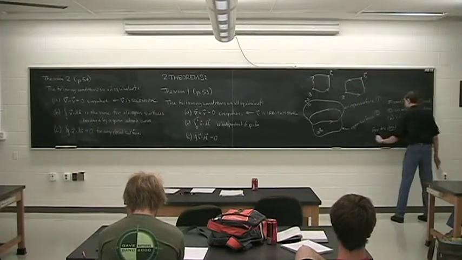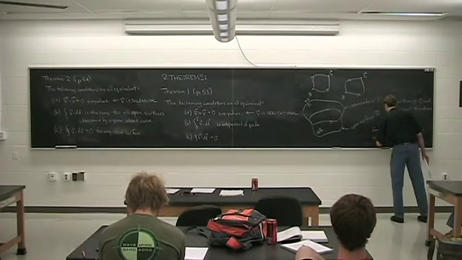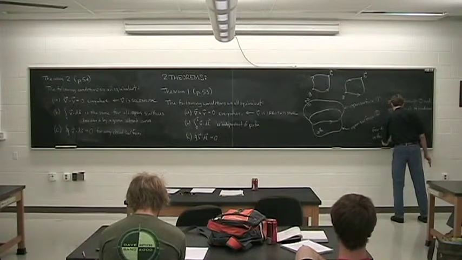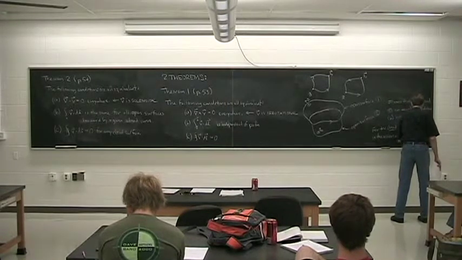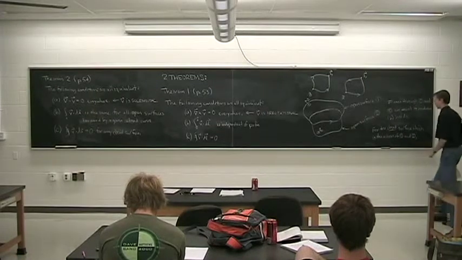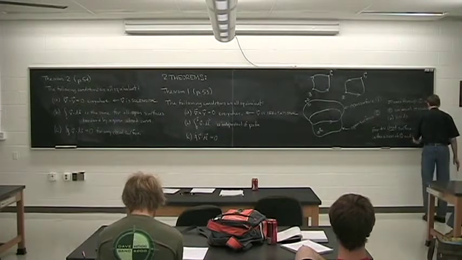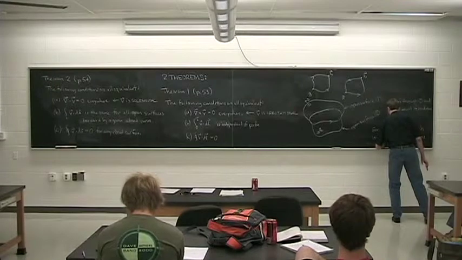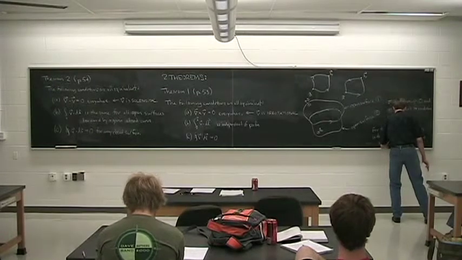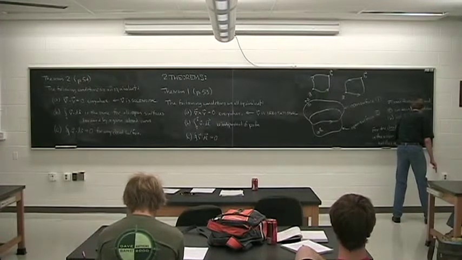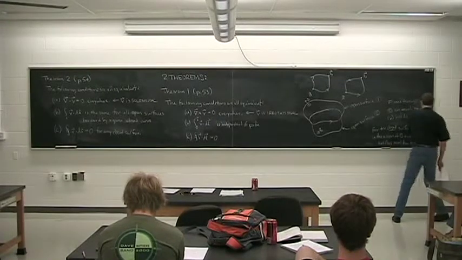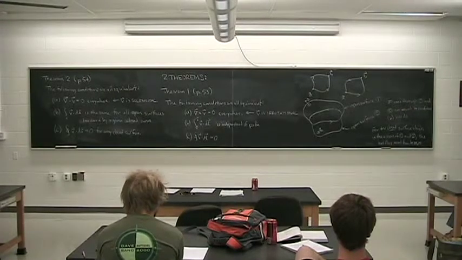If we assume that's true, for the closed surface, which is the union of 1 and 2, the net flux must then be 0. Why?